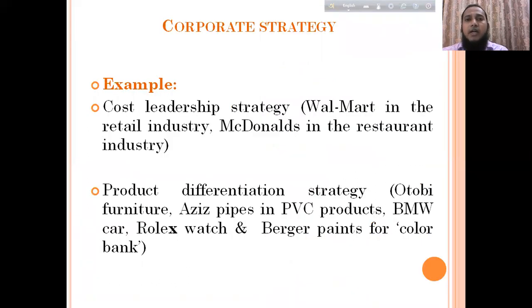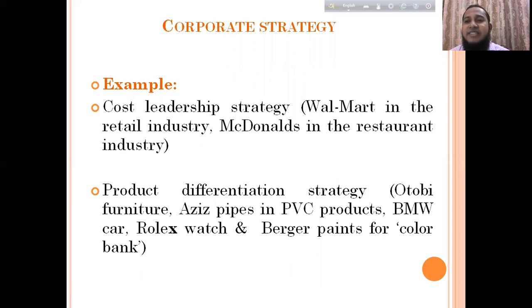Okay, examples of corporate strategy. Most of the diversified companies or group of companies use so many strategies in order to make a strong market position, in order to improve the business performances the company has diversified into.